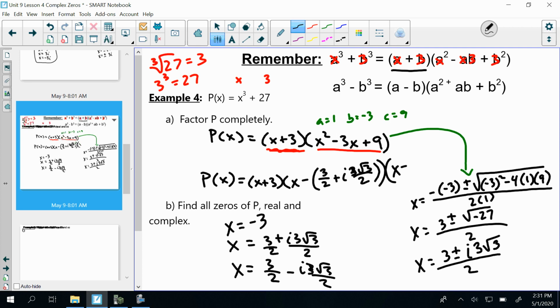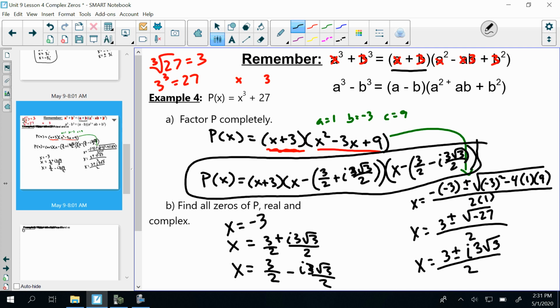And then we have x minus the second one. And these would be the 3 factors of this one. So that's the factored form, and these would be the 3 zeros that we get.